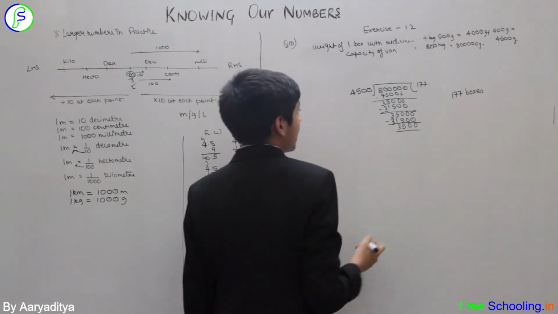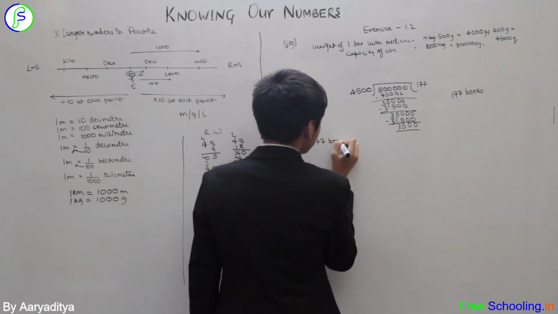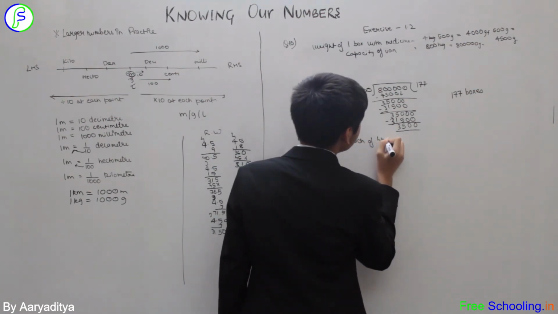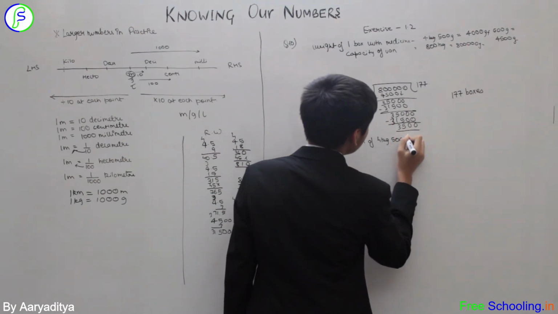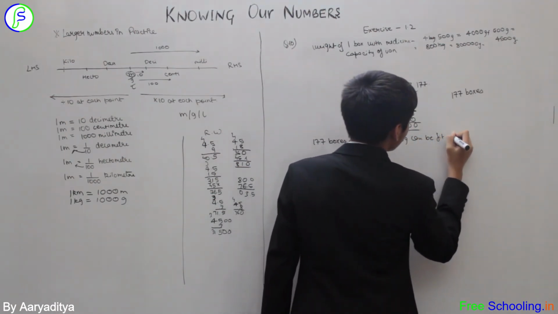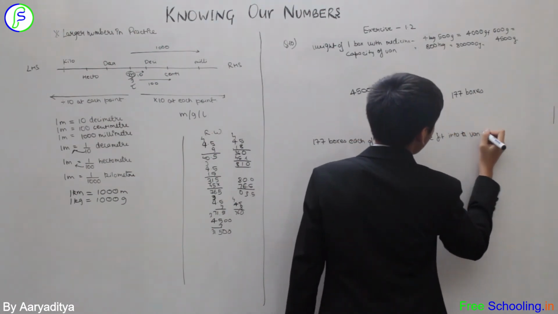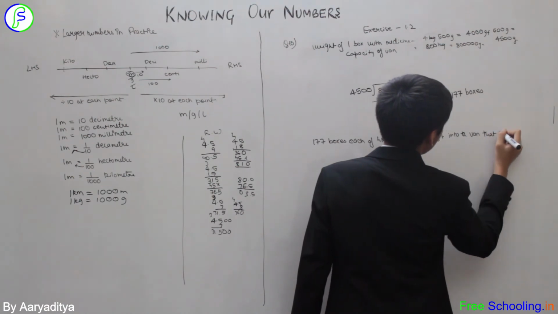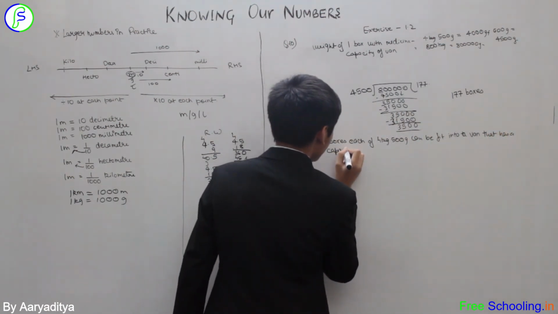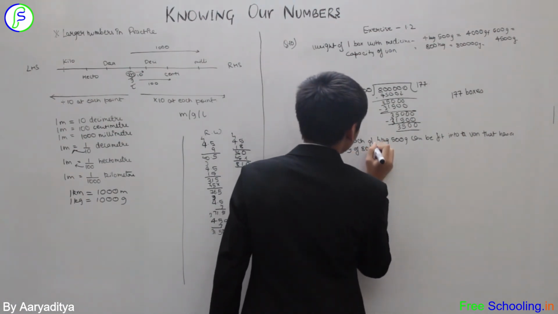Now the statement for this one can be: 177 boxes, each of 4 kg 500 gram, can be fit into a van that has a capacity of 800 kg.